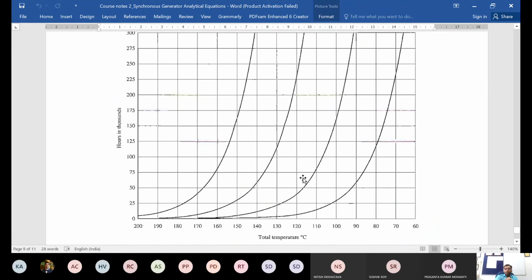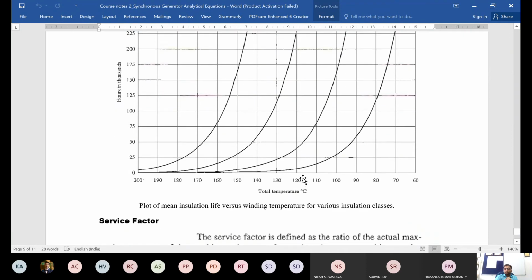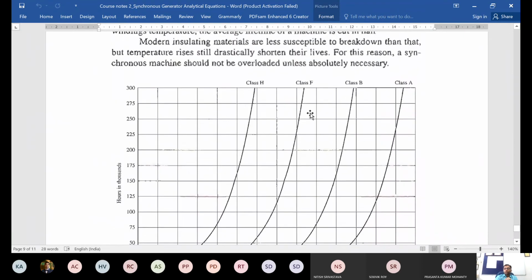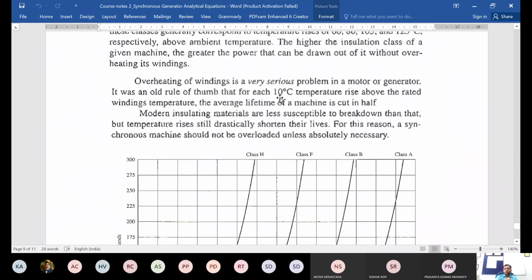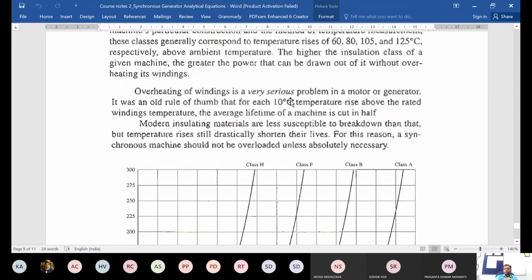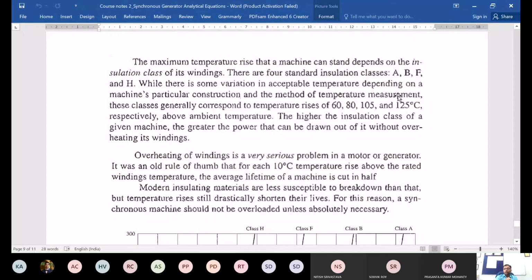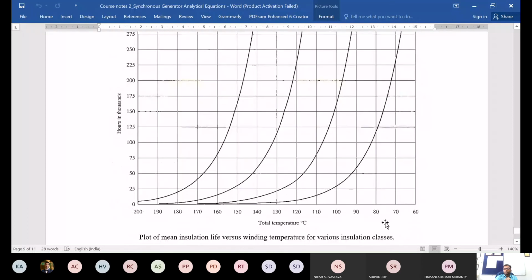So what you see here is that you can always cross-check this 10 degrees centigrade rule. Suppose you have a class A insulation winding, and let's say the machine is operating at 80 degrees Celsius. As you can see here, the expected operational life of the machine is around 120,000 hours.